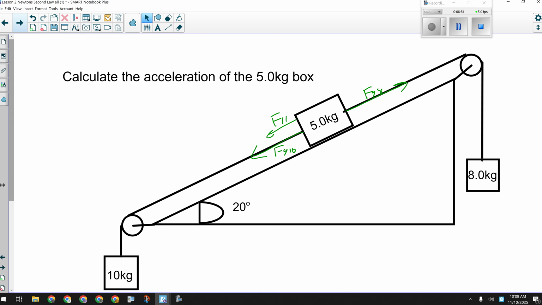Now there's one other trick. What do we have to remember about systems? It applies to the whole system. Right. So when I'm finding the acceleration here, I'm actually dividing by how many kilograms? 23. Yeah?